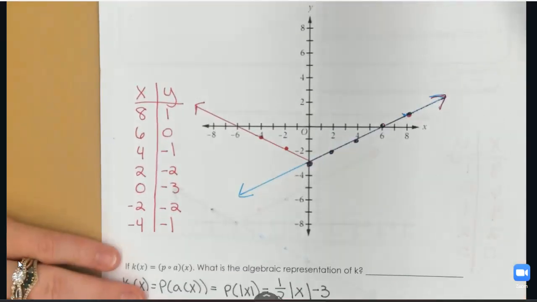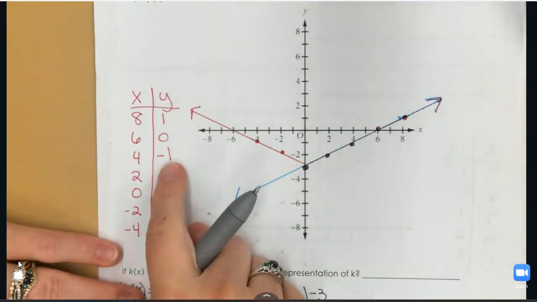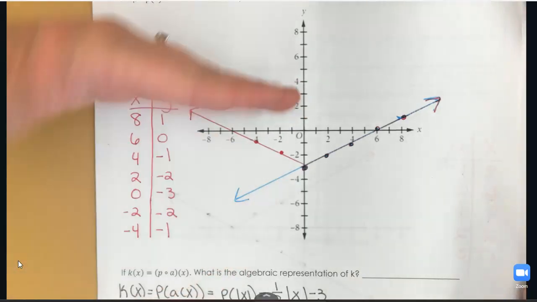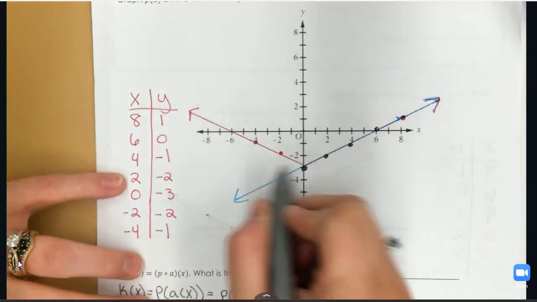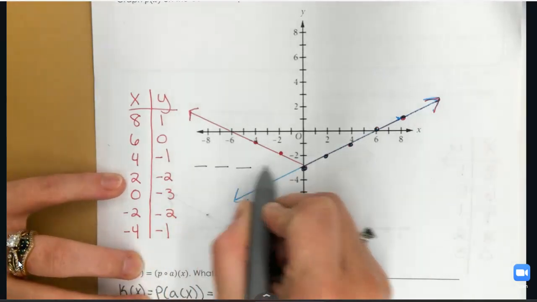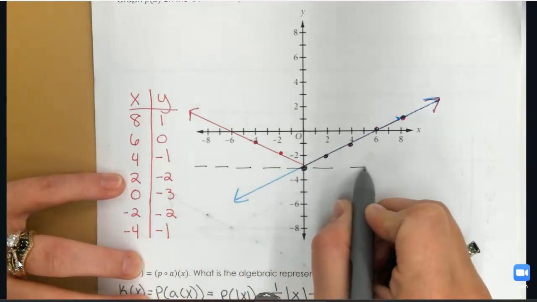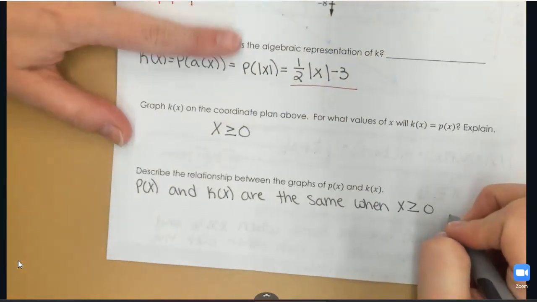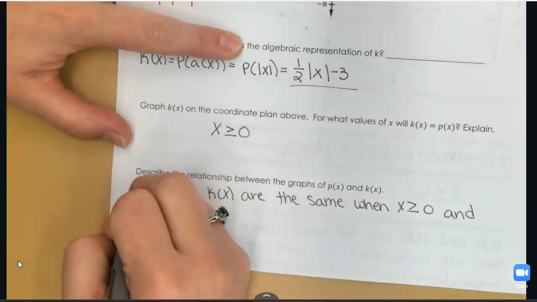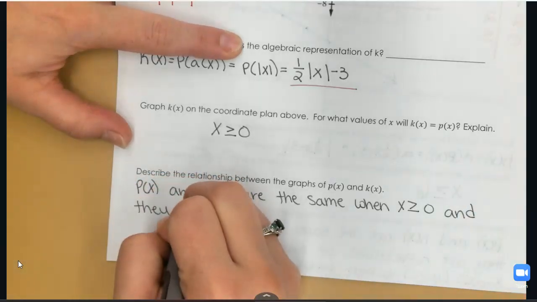And then looking when x is less than 0, again, I can see that these are mirror images of each other, a reflection, but it's no longer at the x-axis where y is equal to 0. It is happening here along the horizontal line, y equals -3. So they are still reflections of each other, but at a different spot.